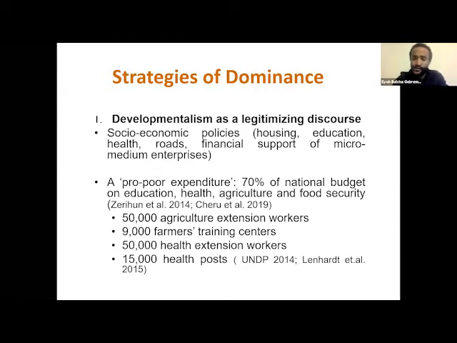And the third one is a specific context-dependent relation with different social groups. In terms of developmentalism, I think probably the Ethiopian case is the one where we had a specific regime that has a clearly stated objective of building a developmental state. So developmentalism was very much at the center of the regime's orientation.